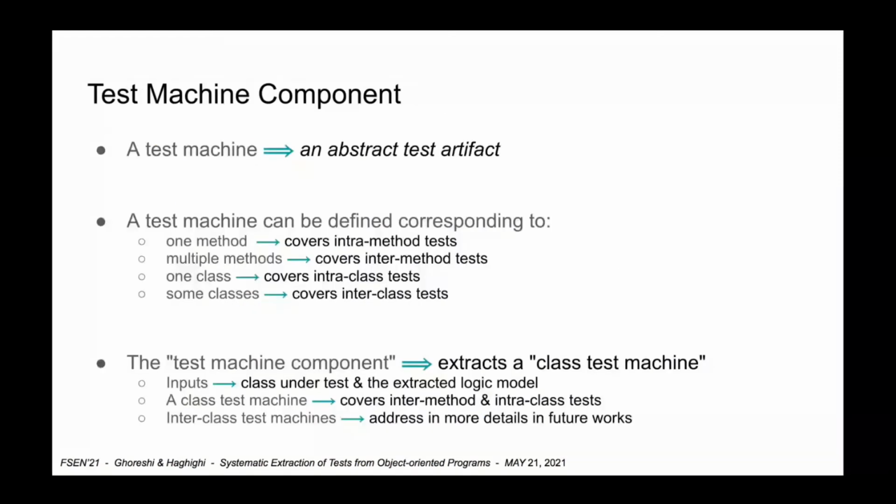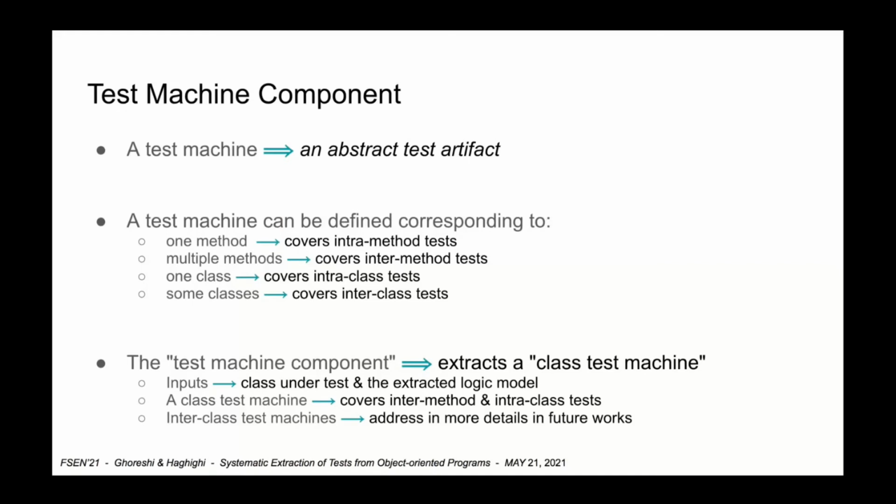A test machine is an abstract test artifact containing abstract information that can be used to extract test cases. Each test machine can be defined corresponding to one method, multiple methods, one class, or some classes. When we define the test machine for just one method, we can extract tests that cover intra-method tests.